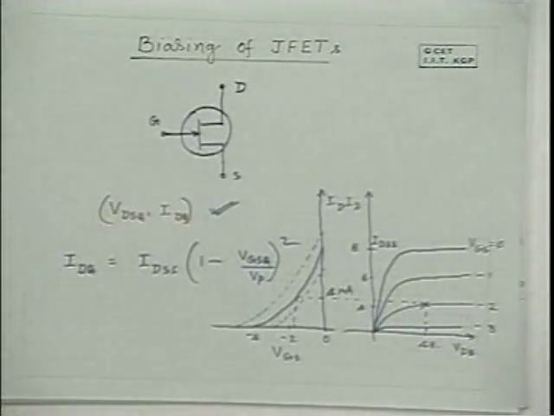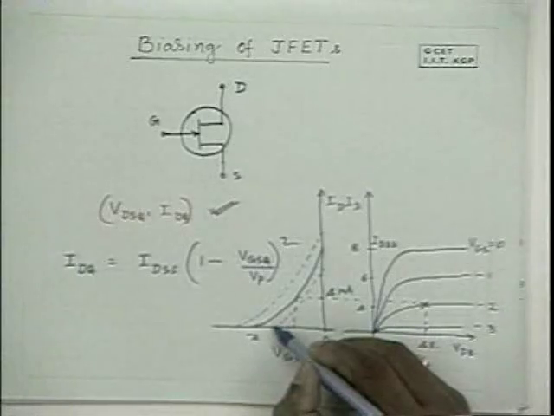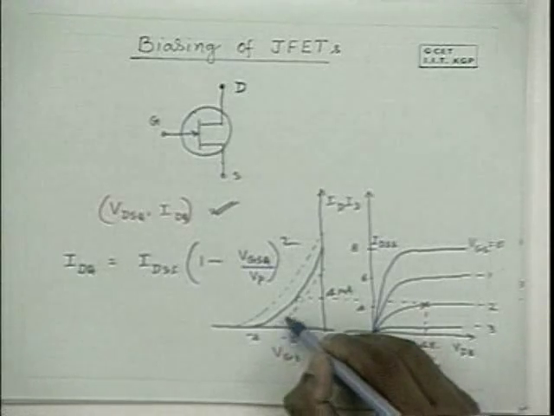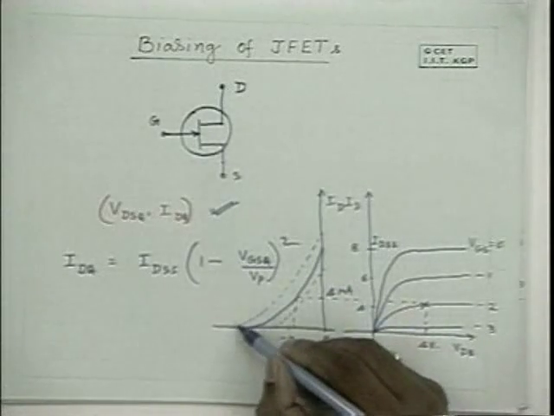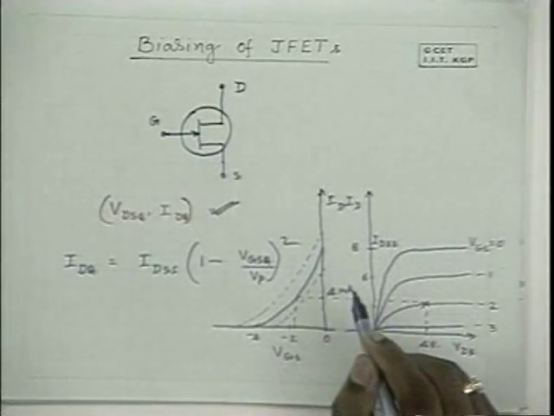Why? Again, the reason is the inaccuracy in the manufacturing process. So if the same type of JFET from the same manufacturer, same type number, is taken, you will find that some JFETs have this transfer characteristic and some JFETs have this transfer characteristic. So that much variation is there.